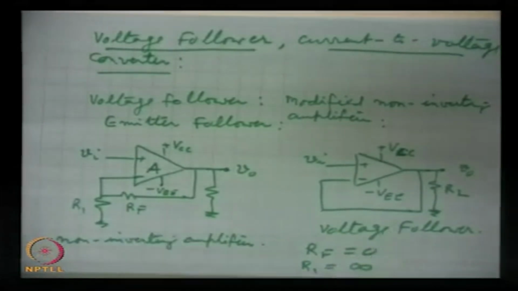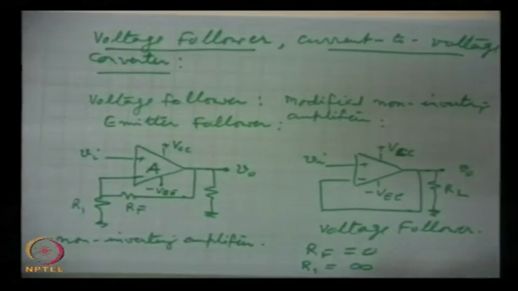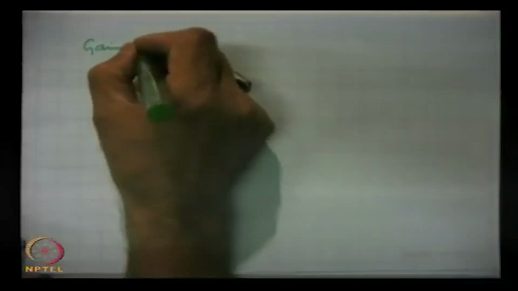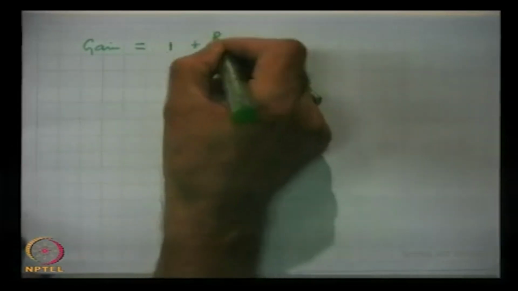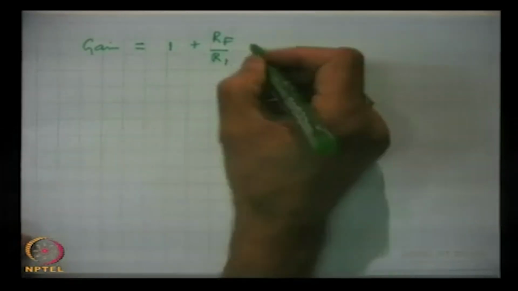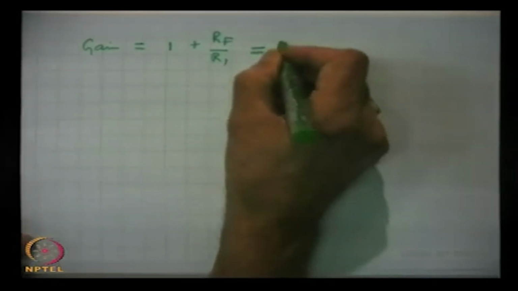The circuit is reduced to this, and the gain of the non-inverting amplifier is 1 plus RF by R1. When RF is 0, this is reduced to 1.